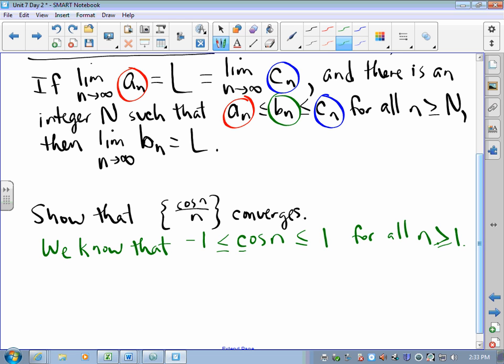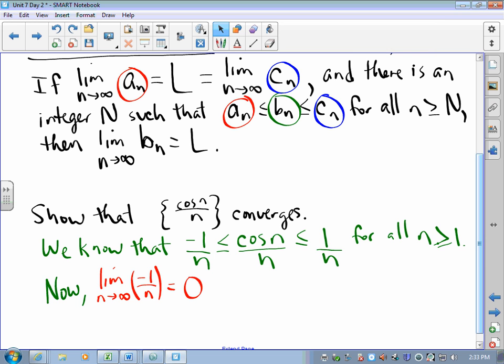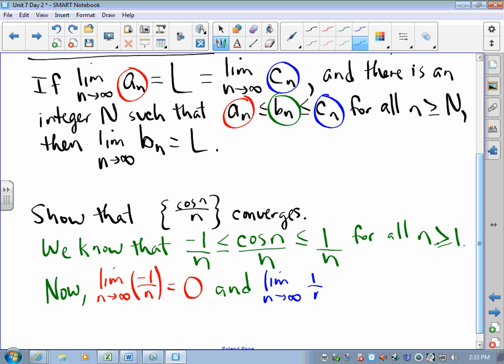Which means that the sequence that we want is trapped between -1 over n and 1 over n. Now, the limit as n approaches infinity of -1 over n, that's 0. And the limit as n approaches infinity of 1 over n, that's 0.